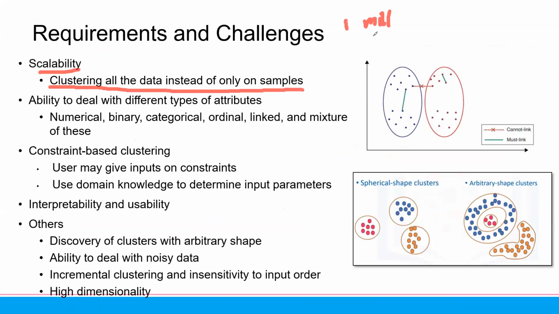So you need to reduce with samples. But the issue is we want to use all the data. We do not want to use only samples. Then how can we apply the algorithm?